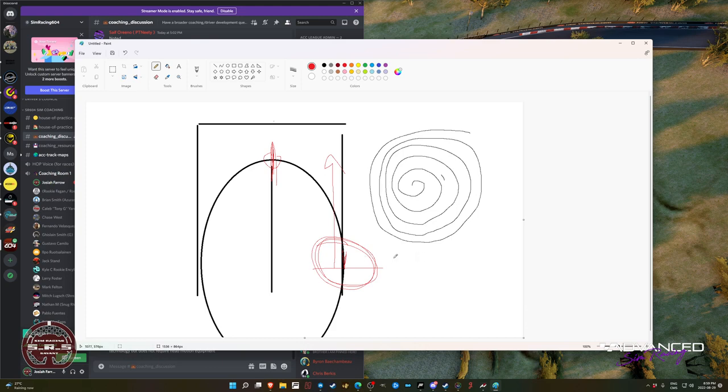So, for the sake of argument, you're in a P-Cup car versus a GT3 car. The P-Cup car has 10 units of grip. Well, at 100 miles an hour, the GT3 car might have 125 units of grip.